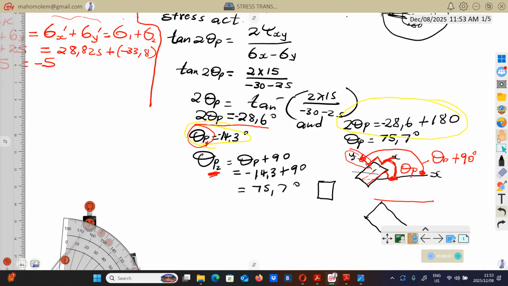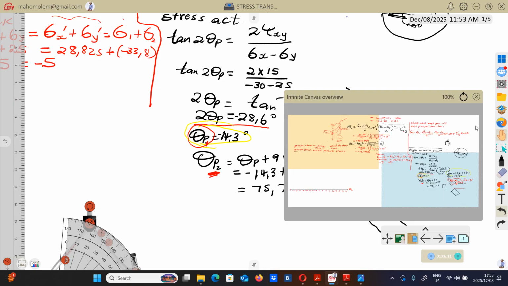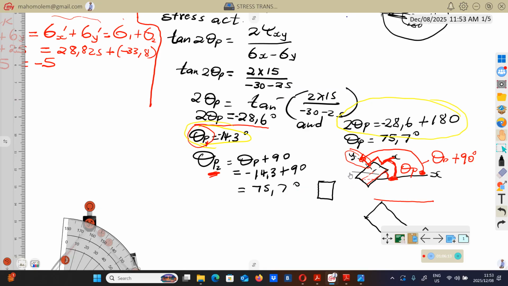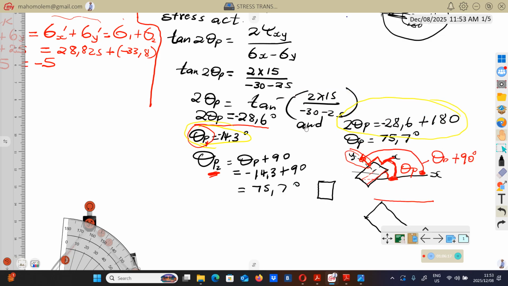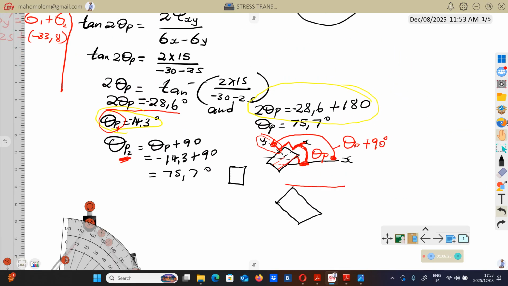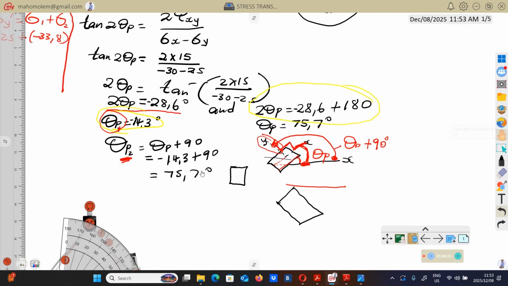So remember, if you have negative angle, which is what we got, that means the element will be rotated in which direction? Clockwise direction. So the element will be rotated clockwise like this. So this element will get rotated clockwise, which is this.